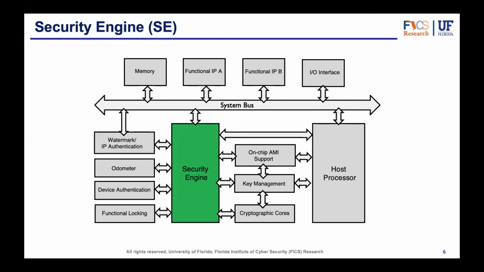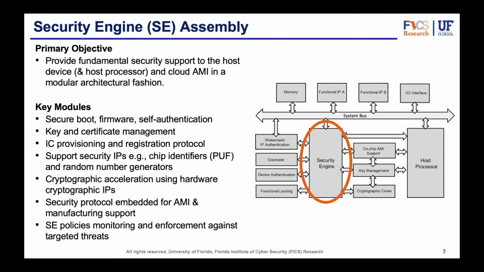And that includes watermark generation, obfuscation units, crypto cores, odometer, PUF, TRNG, and so on and so forth. So in summary, the security engine should provide fundamental security support, not only to the host device, but also to the AMI, so that it can enable lifecycle integrity and security.